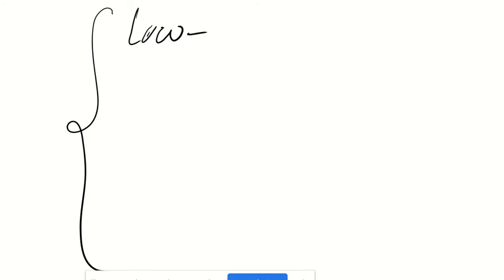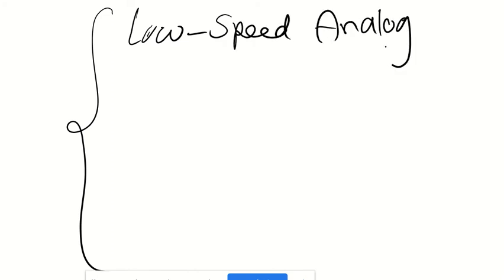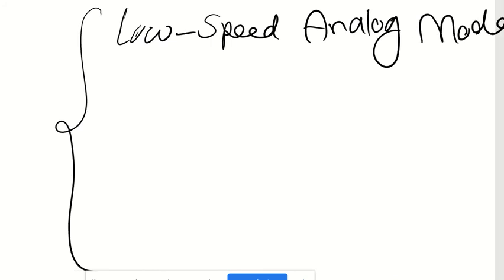There are four basic types that exist. The first one, which is not used that much anymore, is called the low speed analog modem. The digital ones are more popular. DSL, I'm sure you have heard of DSL.